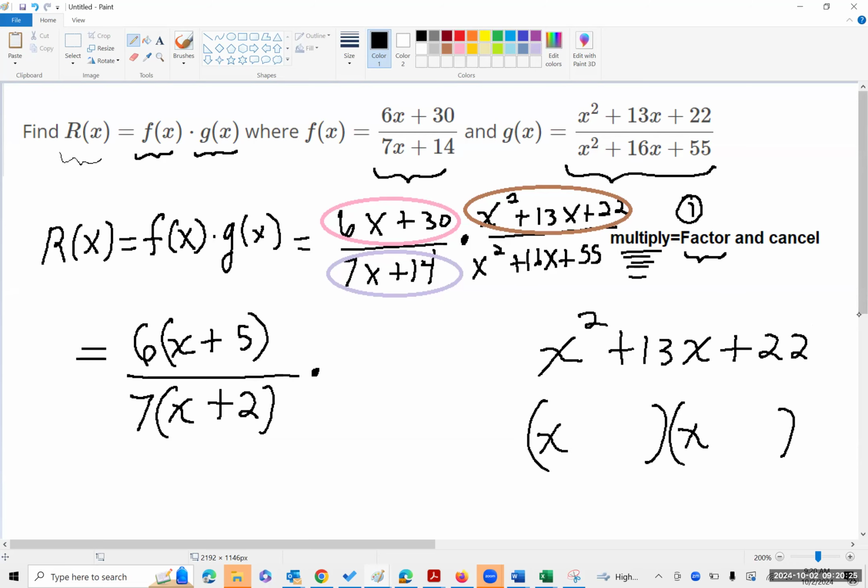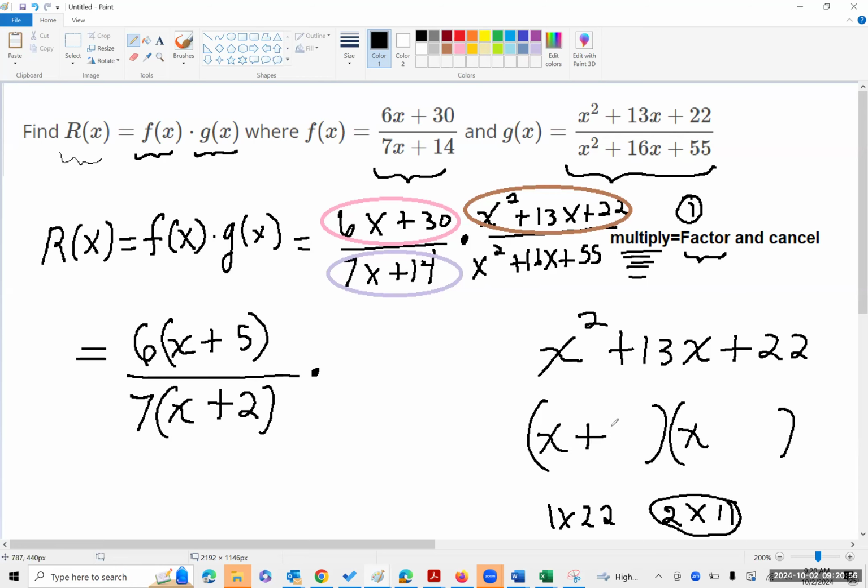And there aren't actually very many ways. It's 1 times 22. You could put negative signs on those, but we really don't need to worry about the negatives because there aren't any negatives in my trinomial. So I just need to worry about the positive ones. And then there's 2 times 11 or 11 times 2. And then you add them, and obviously this is the one that's going to give me the 13.